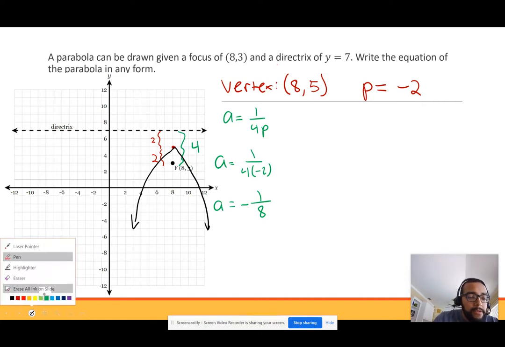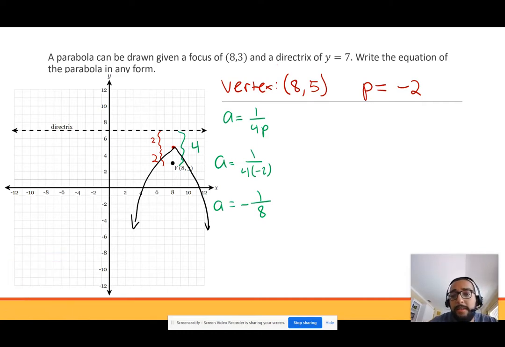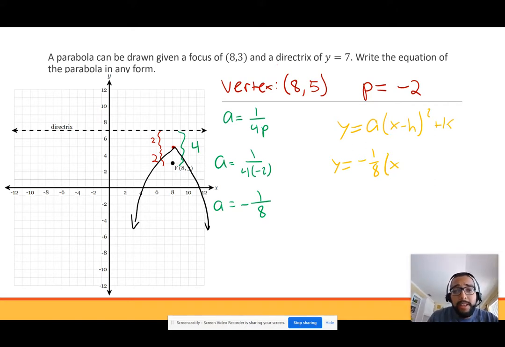Finally, wrap it up in a nice big bow and write your vertex form, y equals a times x minus h squared plus k. Here we know our value of a is negative 1 over 8. The vertex again, since it's positive 8, goes in as x minus 8, and the value of k is 5.